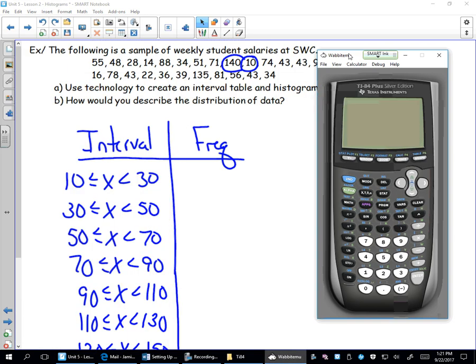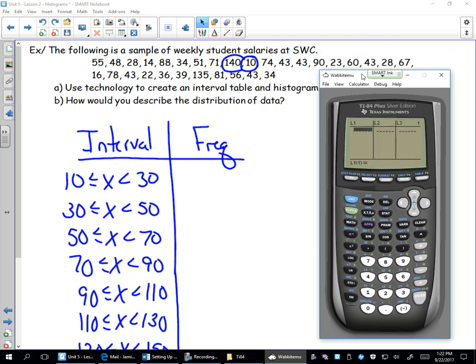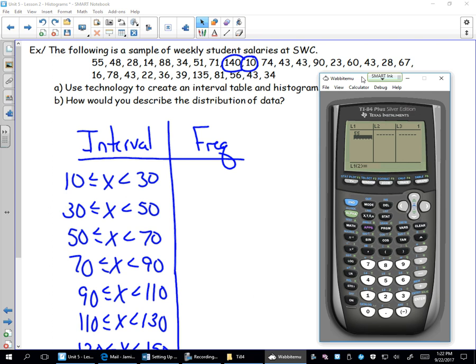So we're going to start off by clearing our memory. To do that, we're going to press second plus 7, 1, 2. Okay, we're ready to go. We're starting all over again. So I got to start with stat, put my data in, edit. We're going to actually put the data in. So every piece of data has to go in. 45.